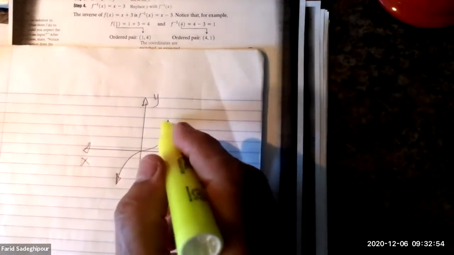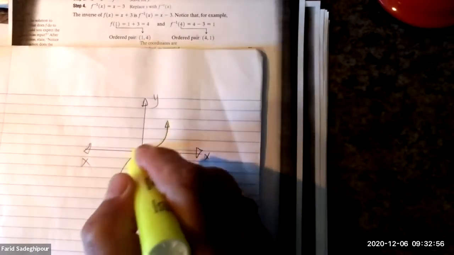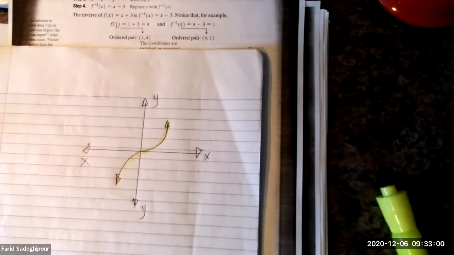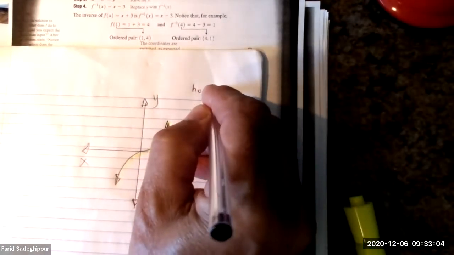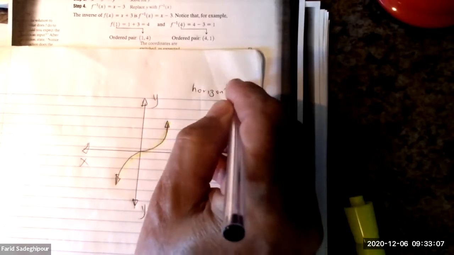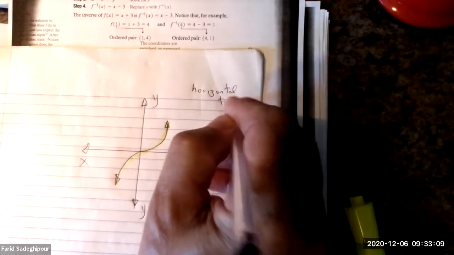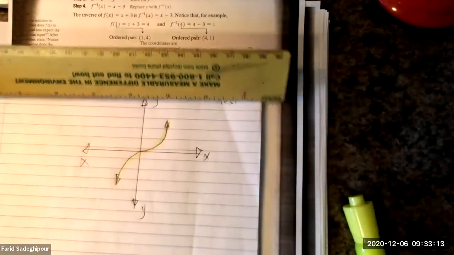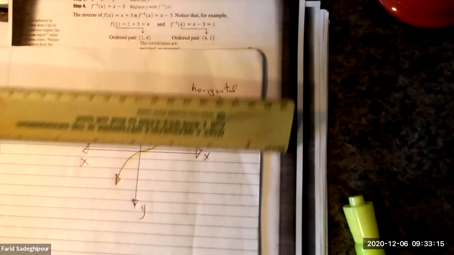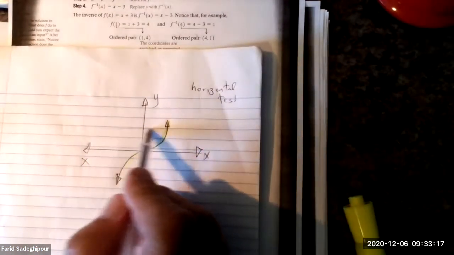To see if your graph is one-to-one, that graph has to pass two tests. Okay, one test, they call it the horizontal test. Horizontal test means you draw a straight line, start from the top and lower it like this.